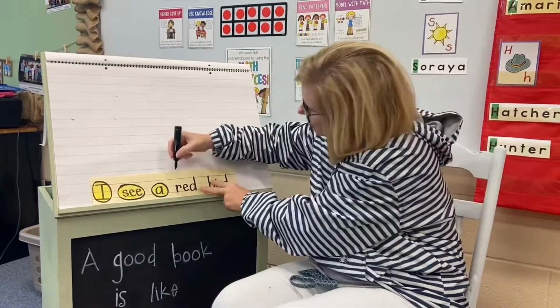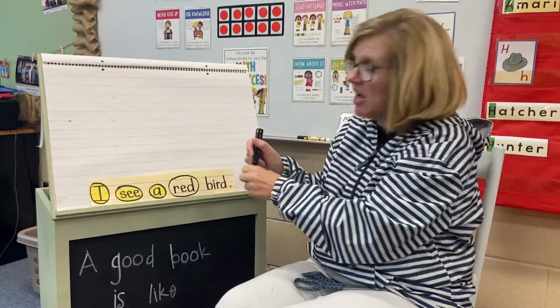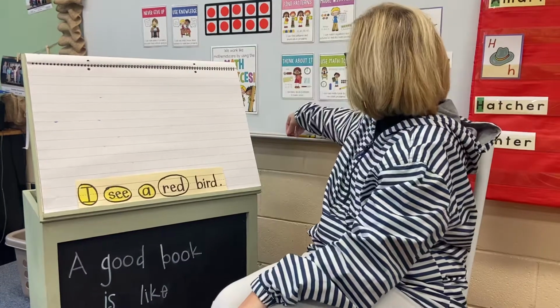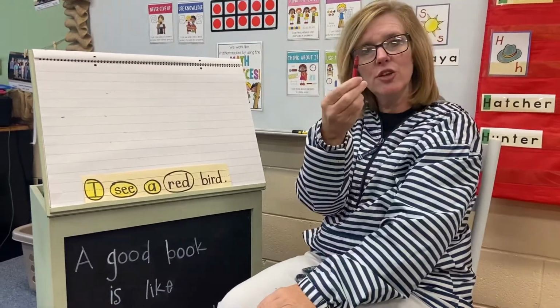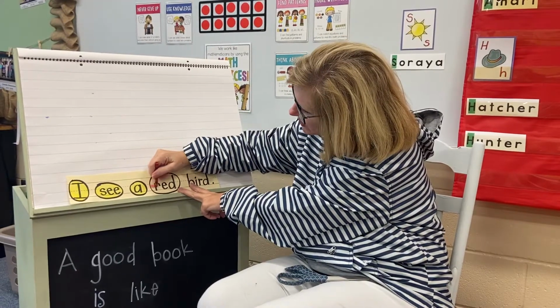So I'm going to circle the color word red. And I'm not going to color it yellow because it's not a sight word, but I am going to color it the color red, just so I can remember that R-E-D spells red.